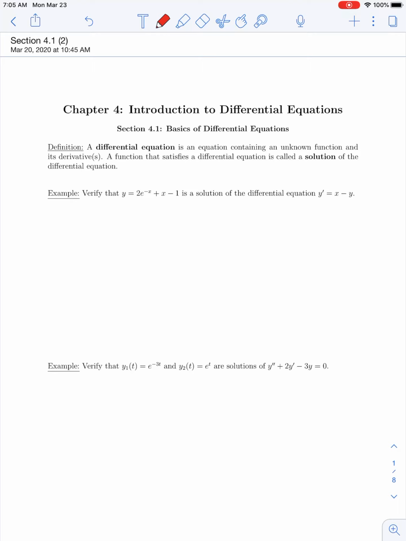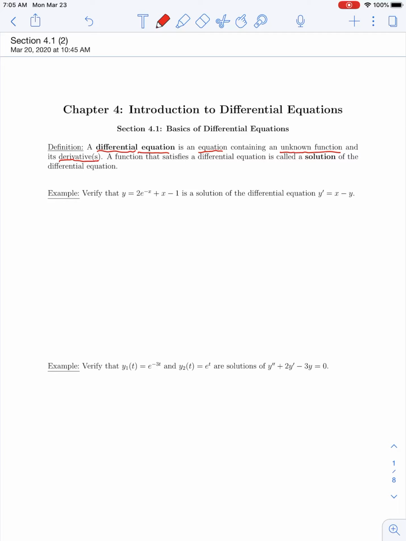So let's recall, what is a differential equation? A differential equation is any equation that involves some unknown function and its derivative or derivatives. So any equation involving the derivative or derivatives of an unknown function is called a differential equation.